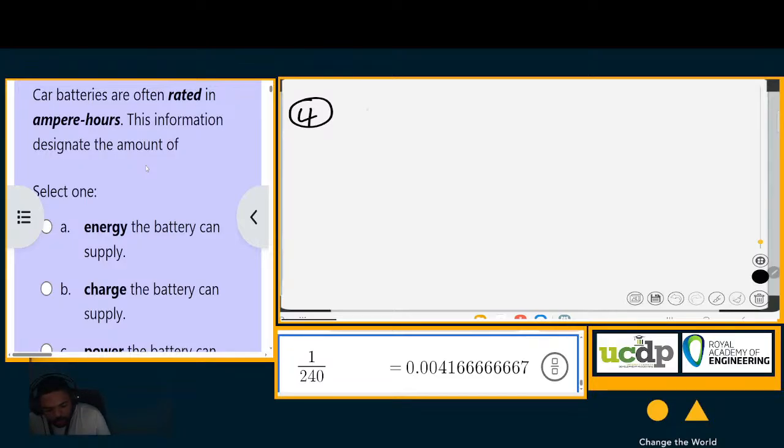Now, ampere hours can be written as ampere dot hours. Okay? This means it is a unit of charge multiplied by a unit of time. That is ampere hours. It's charge multiplied by time. Now, what formula gives you the units of charge multiplied by time? Okay, so what gives charge?